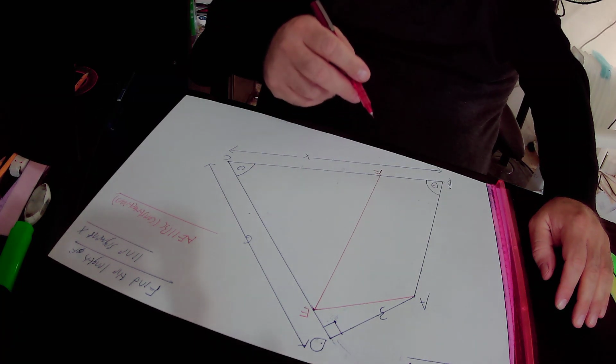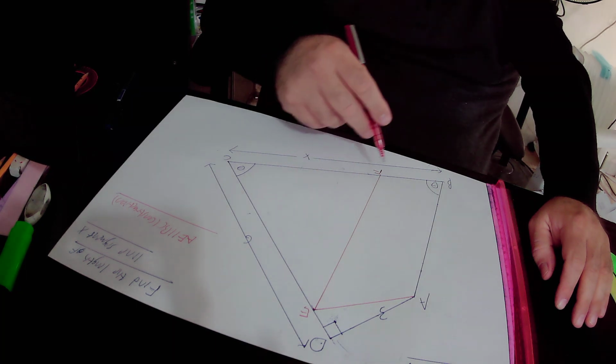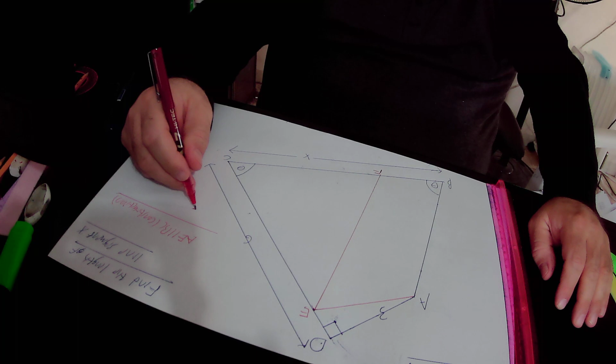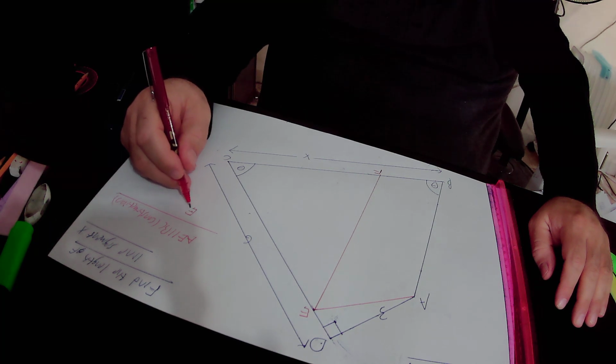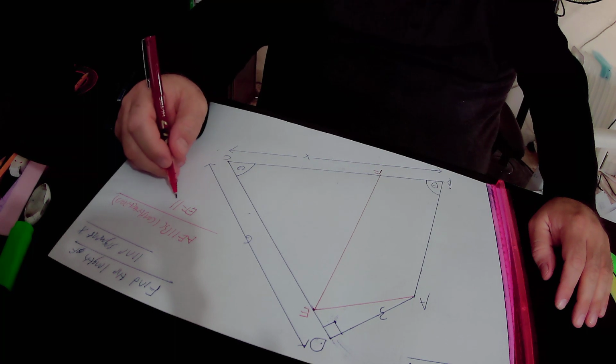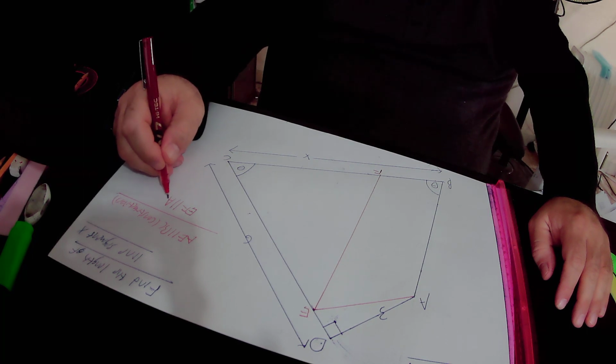We drew the straight line in such a way that EF is parallel to AB. So I write it down that EF is parallel to AB according to our construction.